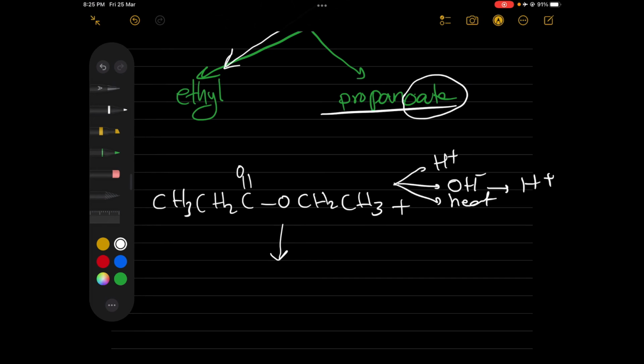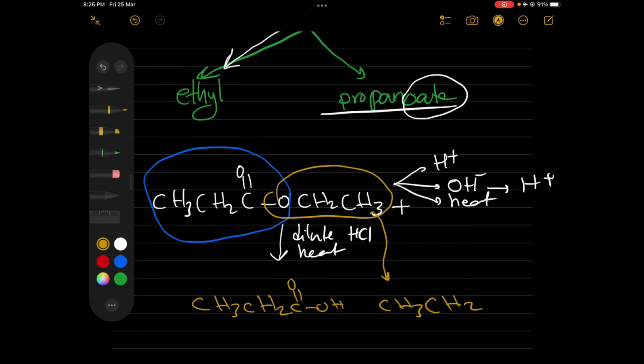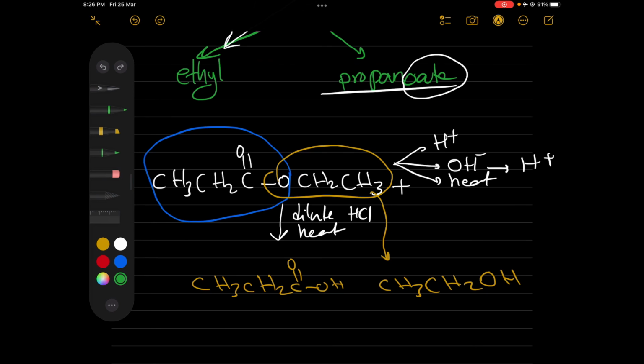Suppose that I'm going to use dilute HCl and heat. So what will be the product? First of all, you will change this part into carboxylic acid, and it appears as propanoic acid, CH3, CH2, C double bond, OH. So this is a propanoic acid. And this part will change to its original part, which is alcohol. And we have CH3, CH2, OH. So these are the components of your compound.